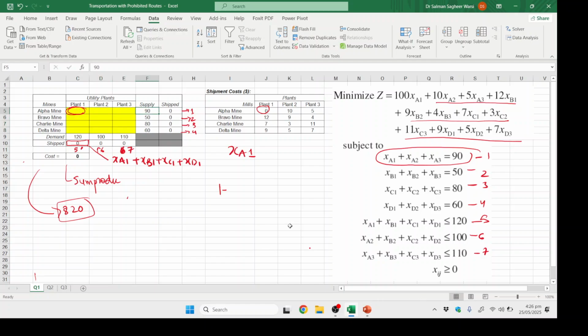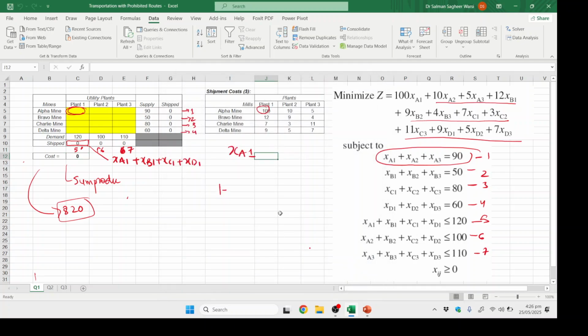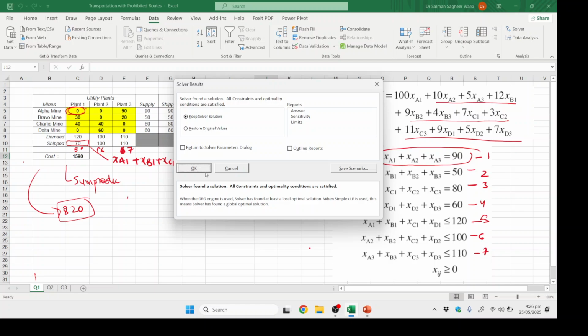So let's try the method that I told you. Let's put 100 here, assigning it a big number. Now I solve it, and this number can be any number greater than the other cost values. Like we have 10, 5, 12, so we could have used 50 here. I have just written 100. If I solve with 100, then we have this cost.